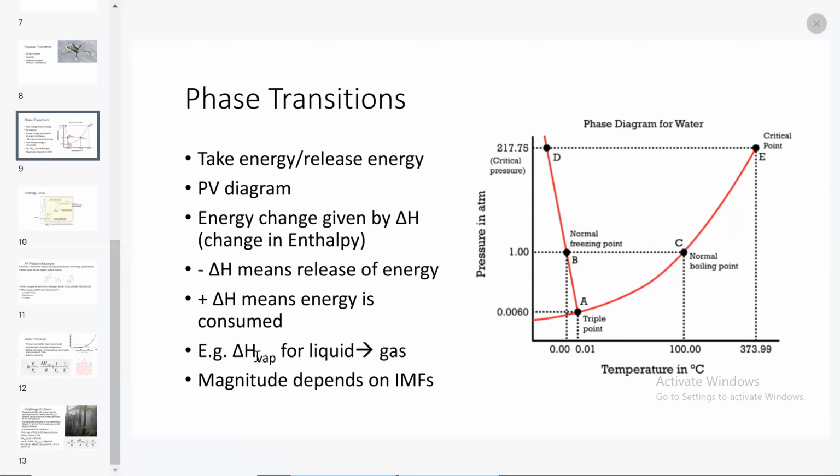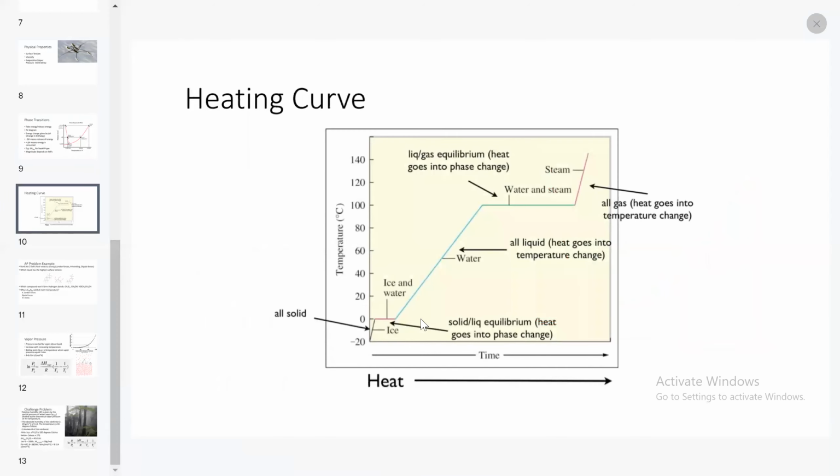So to illustrate this idea, I'm going to look at the heating curve. This is the temperature, and as we add more heat, you can see the temperature change. You may have done this experiment in school, like middle school. So we start from ice, and as we add heat, the ice will heat up to 0 degrees, which is the freezing point.